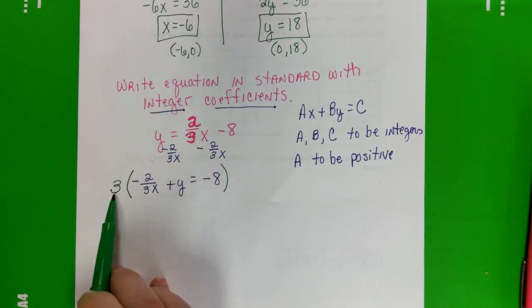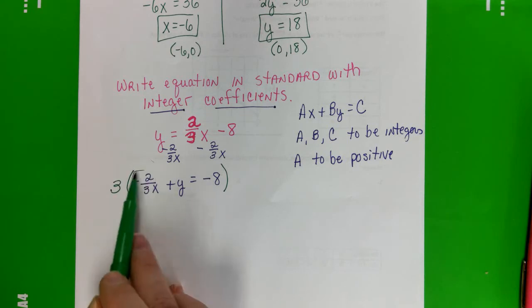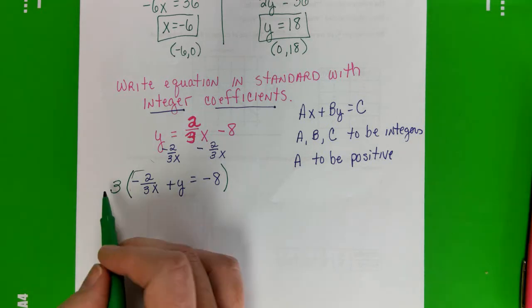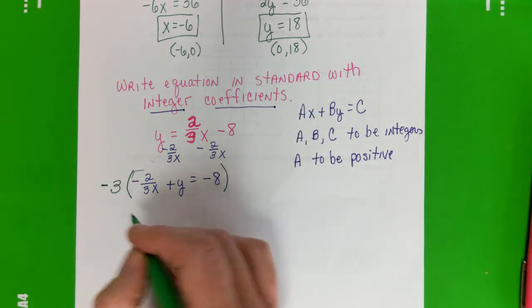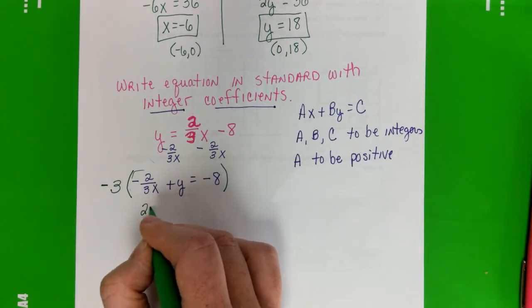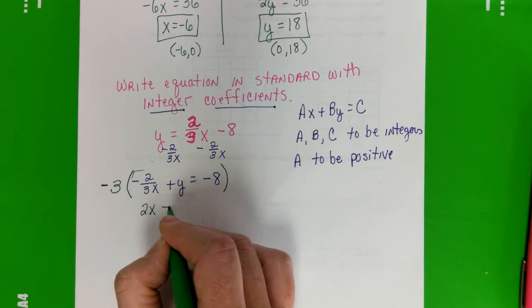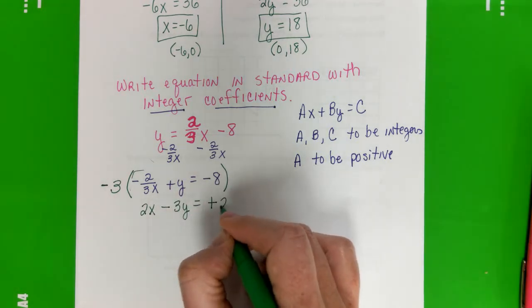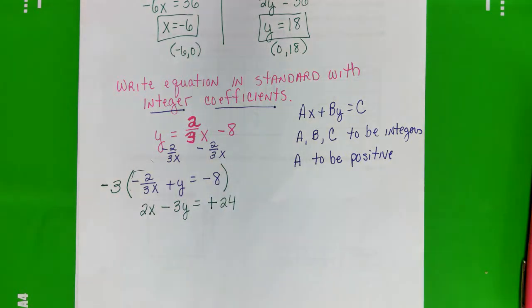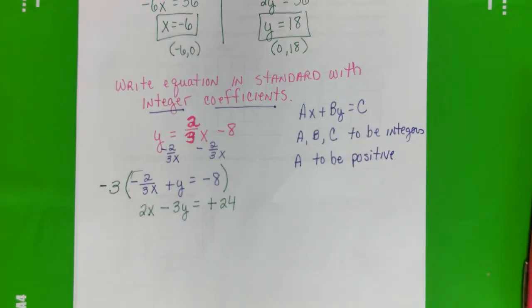Now, the other thing is, notice, this is my a value right now. It's negative. We want to make the negative go away. So I'm going to multiply by -3. Okay? So that's going to make this positive 2x minus 3y equals positive, and we don't have to put that positive sign, I was just stressing that it's positive 24.